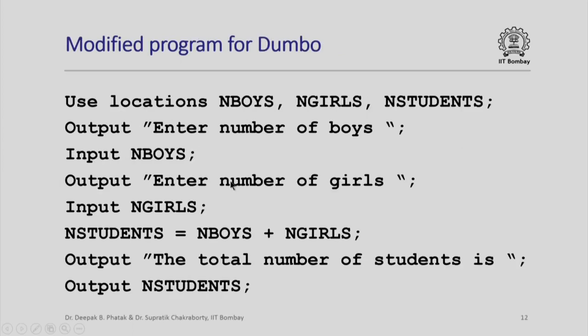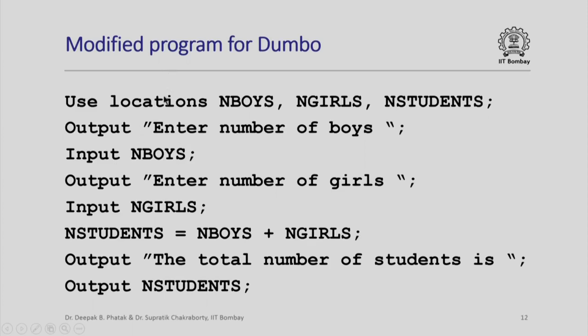Here is a modified program for Mr. Dumbo. Read this very carefully. The first instruction is exactly same as it was, use locations n boys, n girls, n students. It is a declarative statement. Next instruction is an output instruction. Output "enter number of boys", and then there is an input instruction, input n boys. What is the meaning of this?